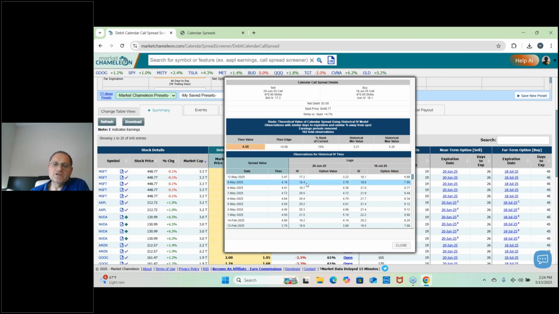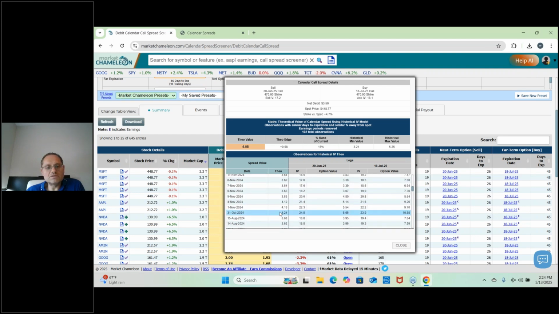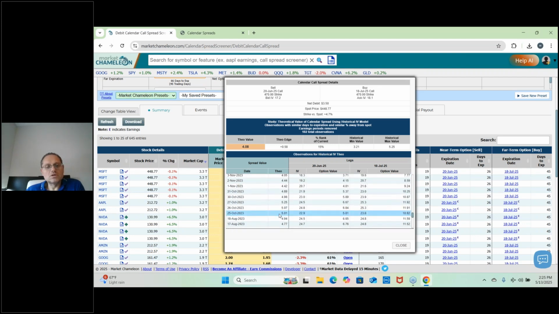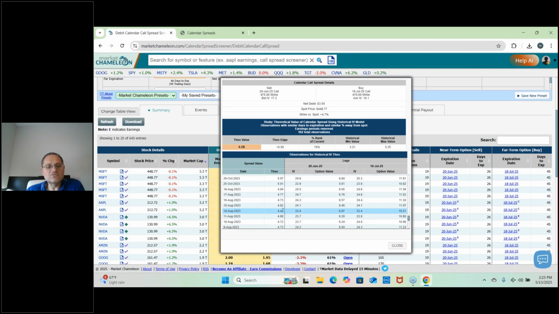The date before that, it was 18.4 versus 19.8, 19.7 versus 21. You can see how they're changing and the relationships between the two. Then it's plugging that into the formula and coming up with a value for each day. These are the historical observations. If we plugged in the historical implied volatilities, these would be the different values.